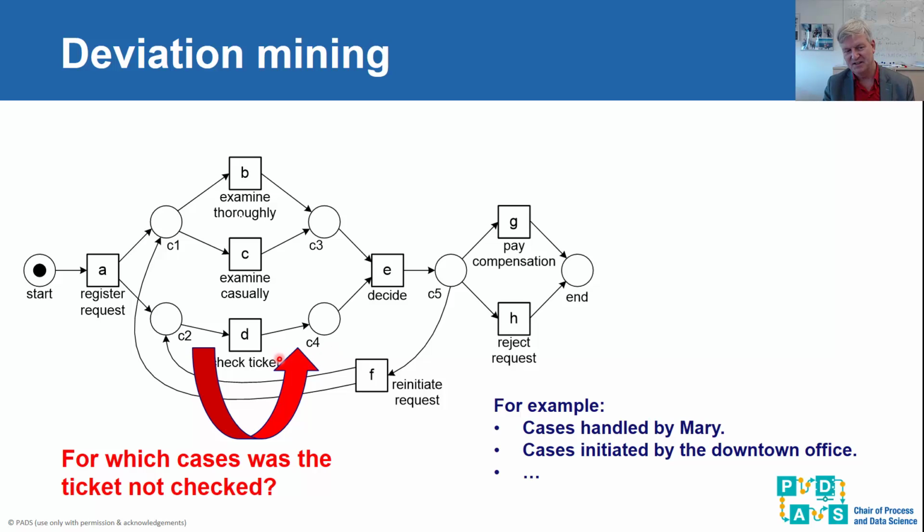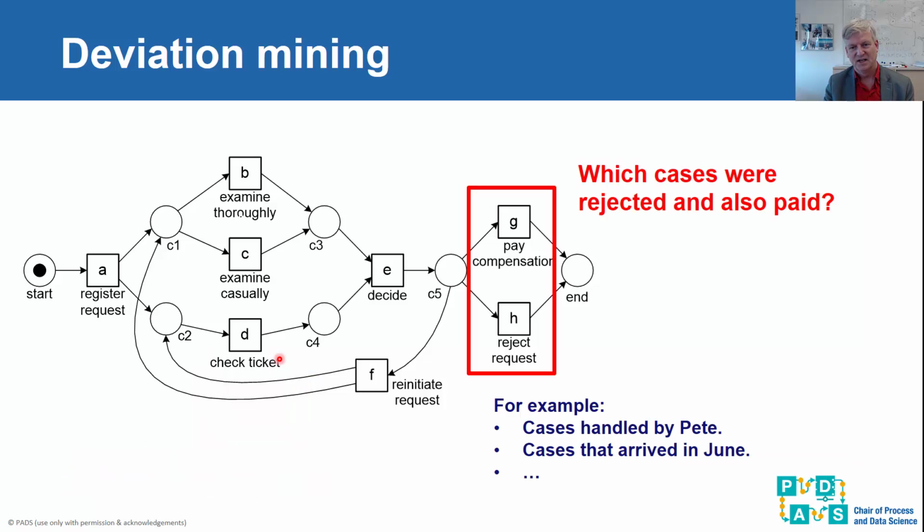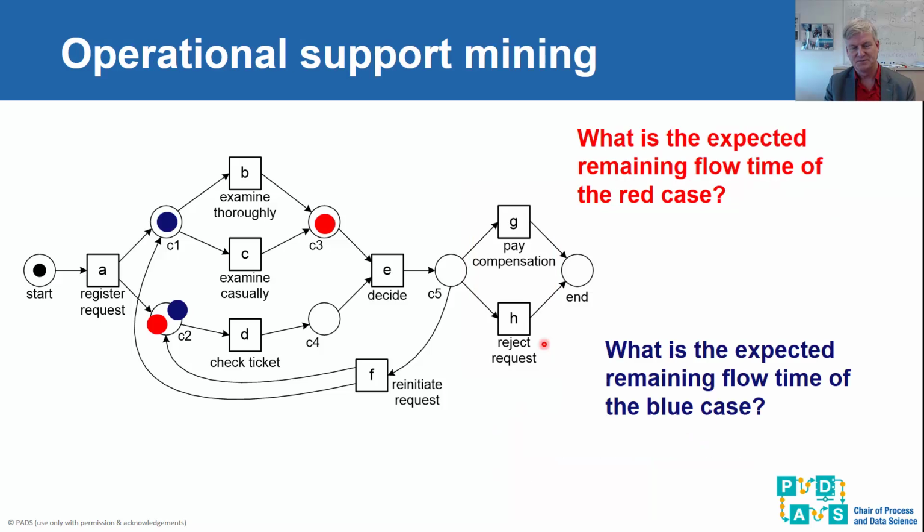And we may find out, for example, that certain people, certain customers, certain temporal properties are causing this problem. The same with respect to a deviation where both pay and reject are being executed: you can again look at the cases, what they have in common when this is happening.